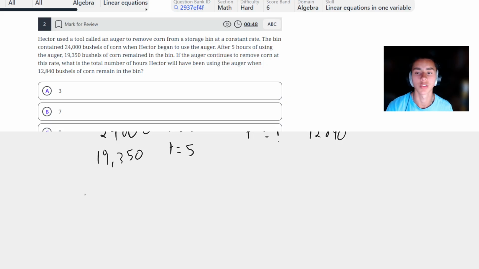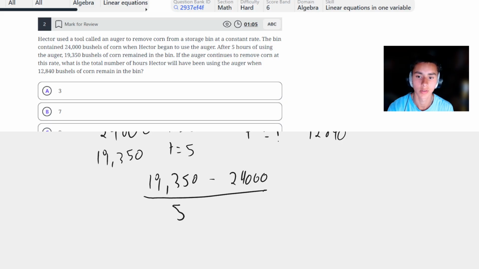So this is a negative slope question. If we set this up, it would be y2 as 19,350, y1 24,000, and then we do x2 5 minus x1 0.